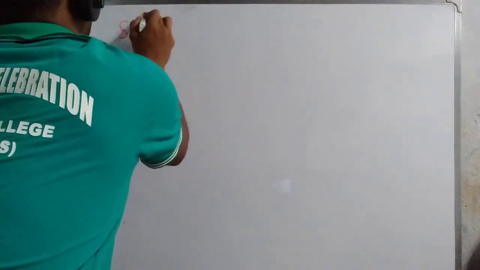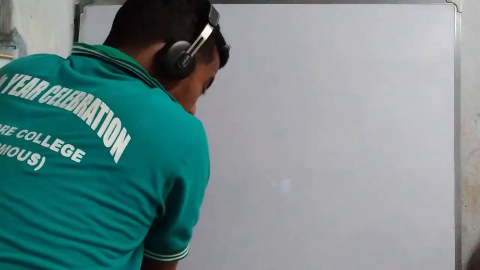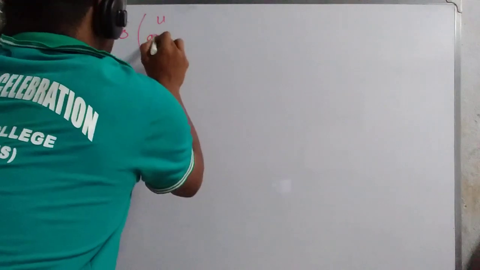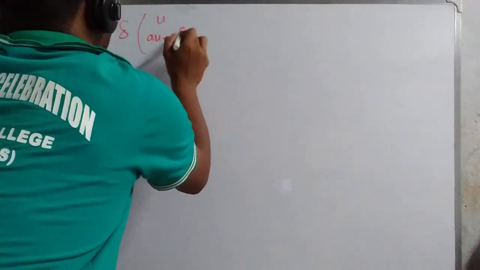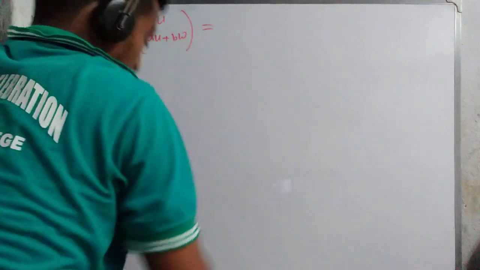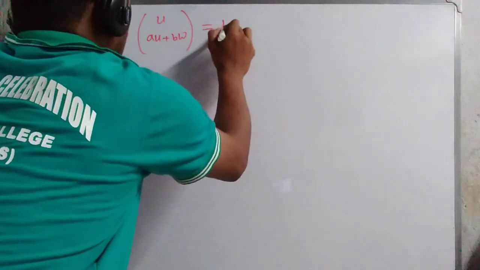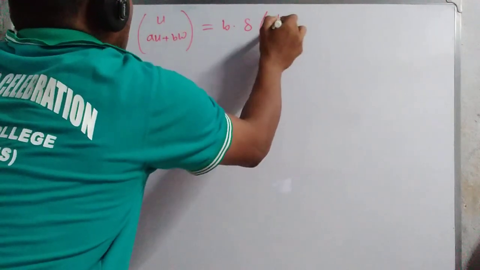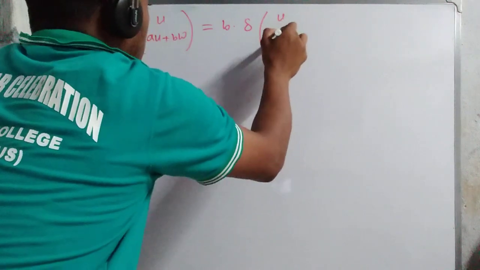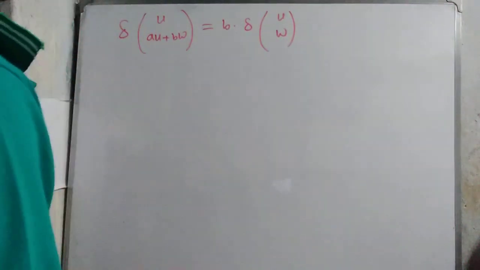We write it here: delta of U, aV plus bW, equal to b times delta of (U,W).